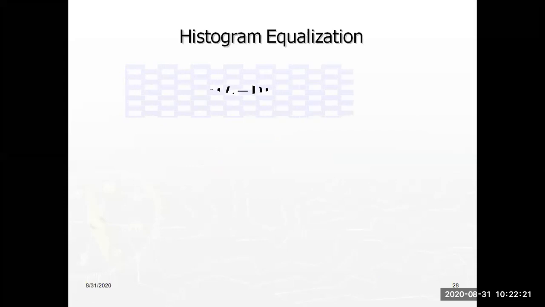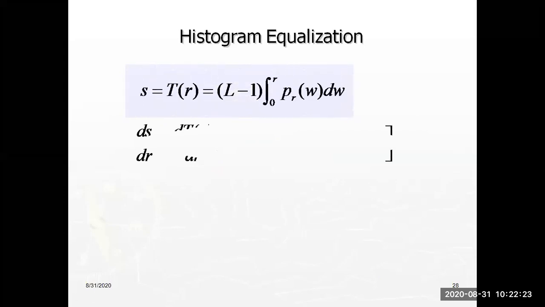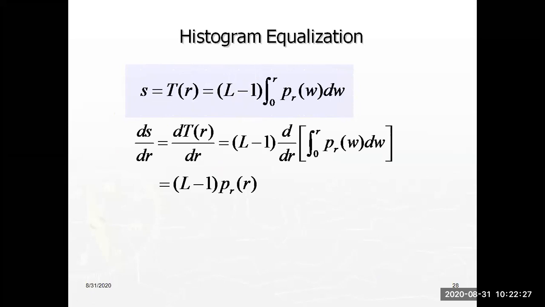Next. Here I am forming my histogram equalization function with the scale range. S equals the transformation function T of R equals L minus 1 into the integral from 0 to R. I am not considering the entire range.